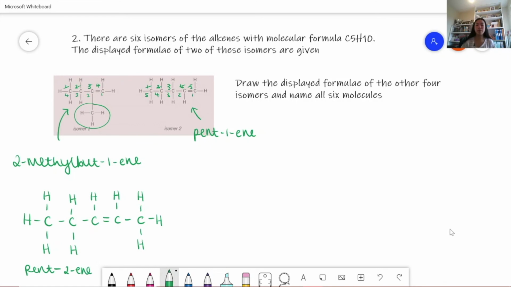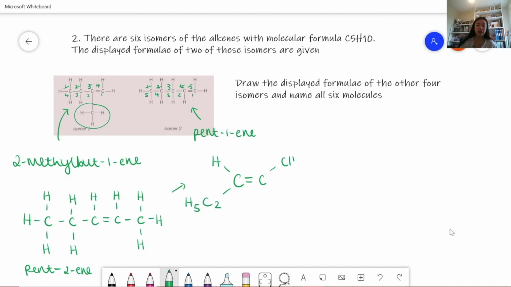But now we have to remember that pent-2-ene can actually be written two ways, and so there are actually two isomers of pent-2-ene. We have the E and the Z. And so if I just zoom in on the double bond, we could have a hydrogen, and then we have C2H5.